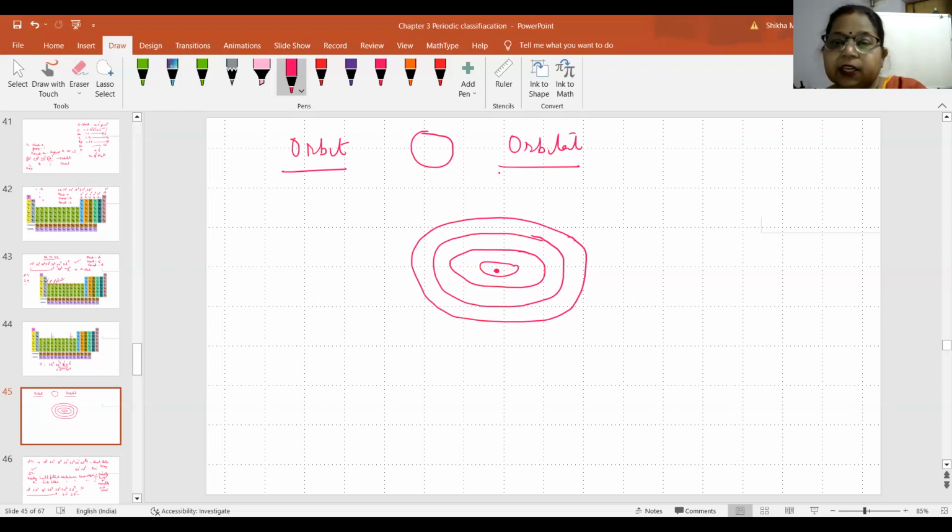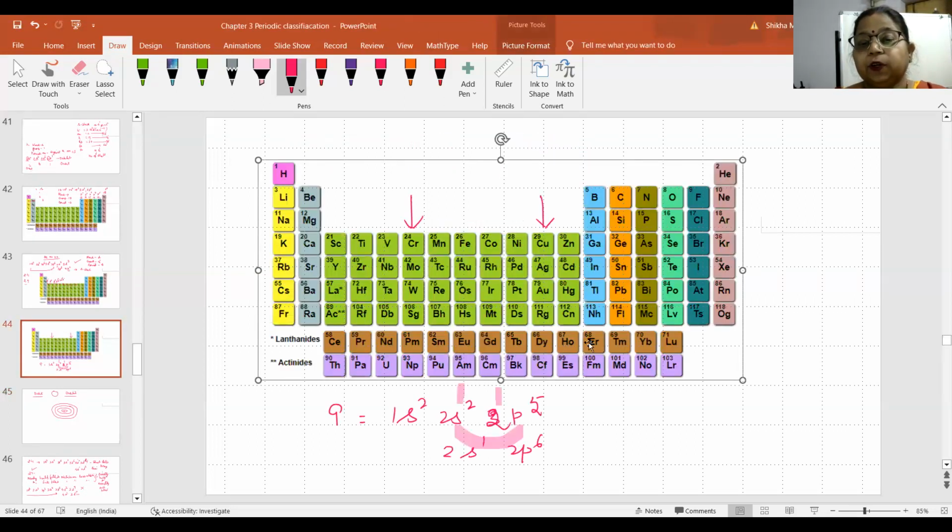For 24 and 29, chromium and copper, they are very often asked, or the elements following that. Below copper comes silver, that is 47, and 29, they will have the same configuration. They will be having 3d and 4s, then it will be 4d and 5s, right?